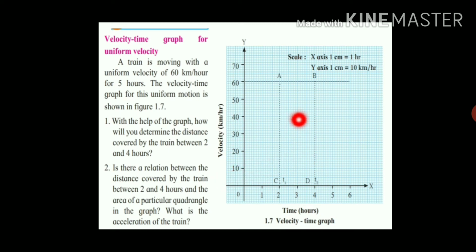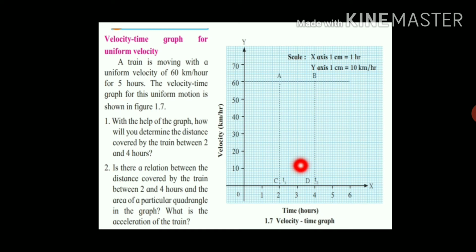The distance covered between 2 and 4 hours is the same as the distance covered by the train within the first 2 hours, meaning the area of this first quadrangle is equal to this quadrangle. The areas of both quadrangles are the same, because the train has uniform velocity, meaning it covers equal distance in equal time intervals.